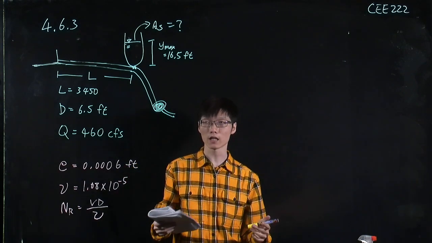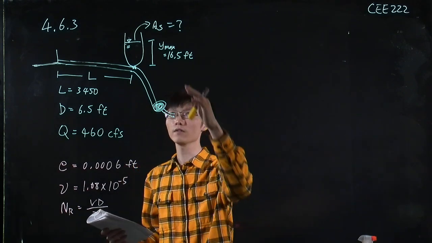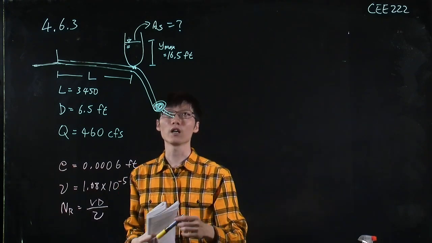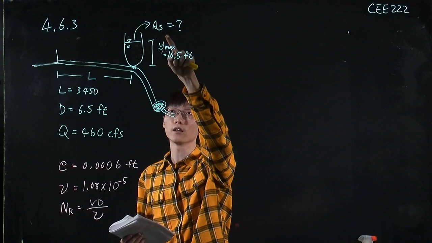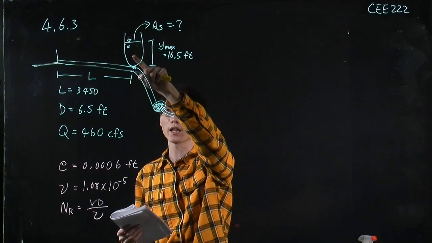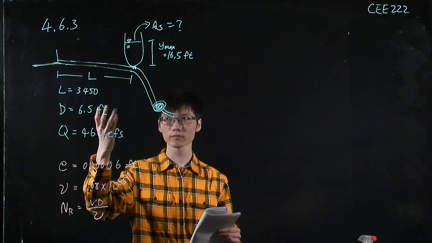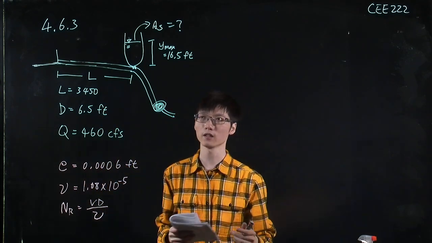So the question asks us, given the information that I show here in the blue marker, what is the area of this surge tank that we should have in order to satisfy the criteria?